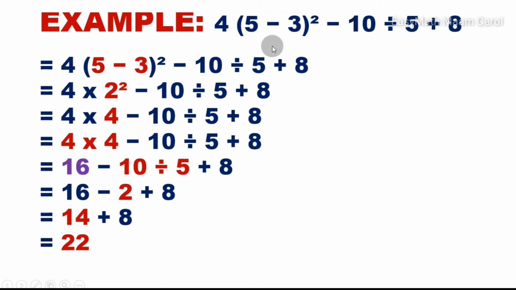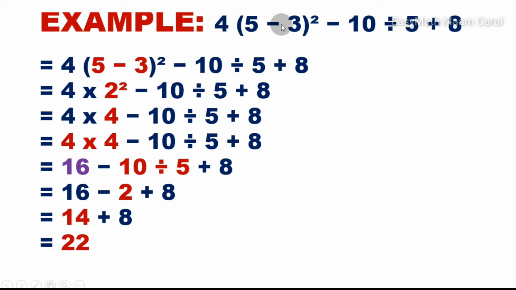Now, in this point, kasi kanina meron akong pinoint out that parentheses can either be used as a grouping symbol or a multiplication sign. So ito parang dual purpose siya. Una, ginamit muna siya na grouping symbol para sa 5 minus 3. And then you will notice that there's no operation in between 4 and this parenthesis. So this is an automatic, para dito para sa critical thinking nyo, this is an automatic multiplication operation.